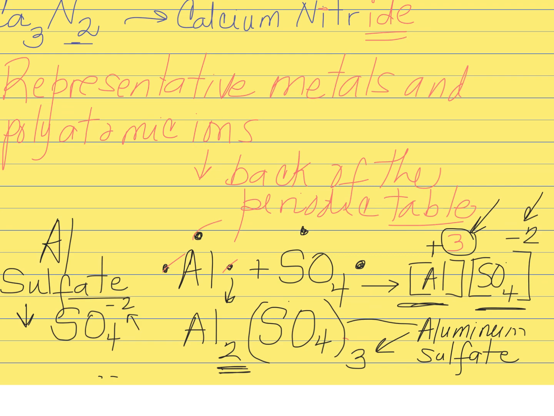But we're not doing this. We are not going to be naming ionic compounds that are made of transition metals. So we are going to stick to group 1 and group 2, representative metals and monoatomic ions, and representative metals and polyatomic ions.